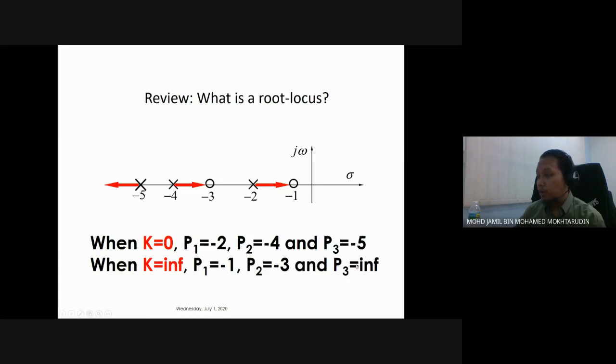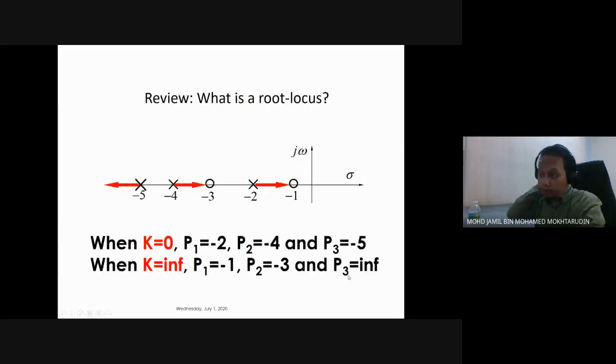So we add one more, p3 equals infinity. So when you have three poles, for example -2, -4, and -5, and at K equals infinity you have -1 and -3 only, you add one additional pole, which equals infinity.